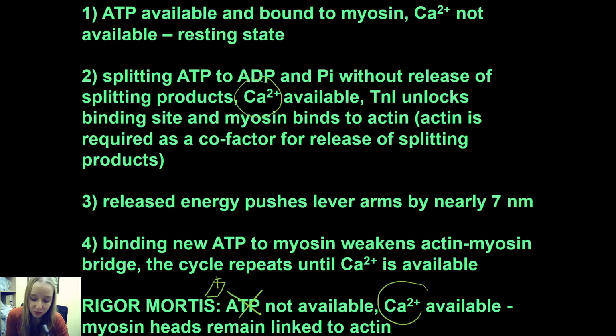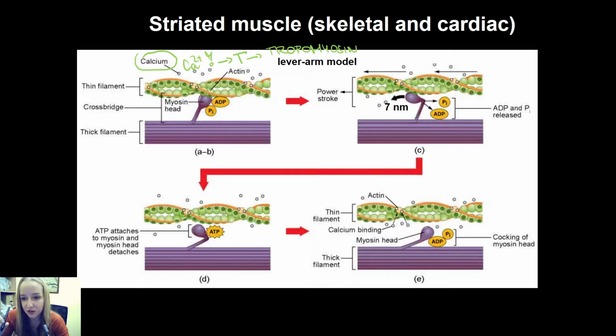One very important fact that I forgot to say is that after the ATP is cleaved, in the second process, a new ATP molecule will bind, and that will detach the myosin head, and it will be able to connect once again.